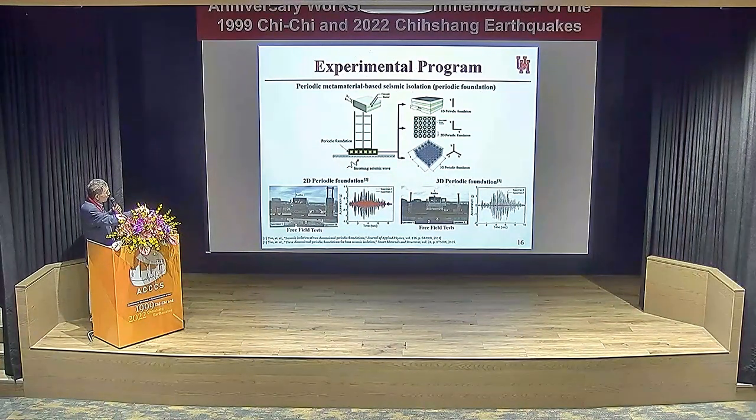Similarly, for 3D metamaterial foundation, we just cut a strip here, this strip, put to here. And this one is RC column. At the top of both. This is an RC column, this is a metamaterial column representing 3D foundation.